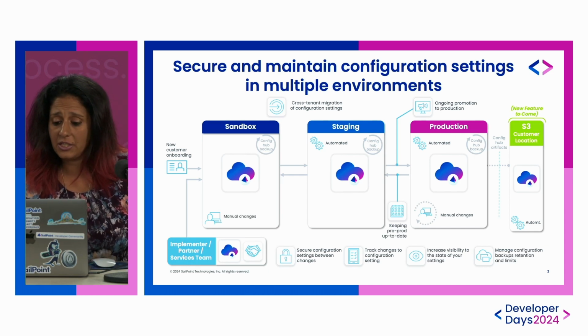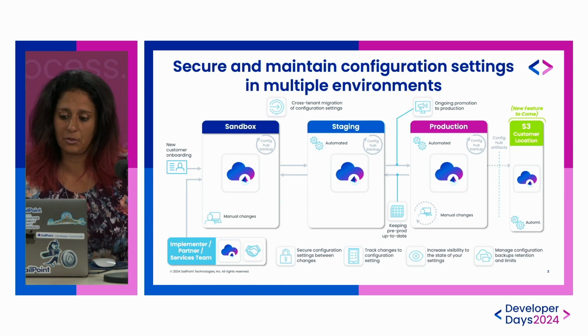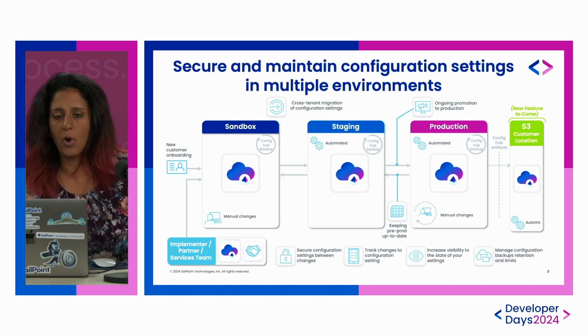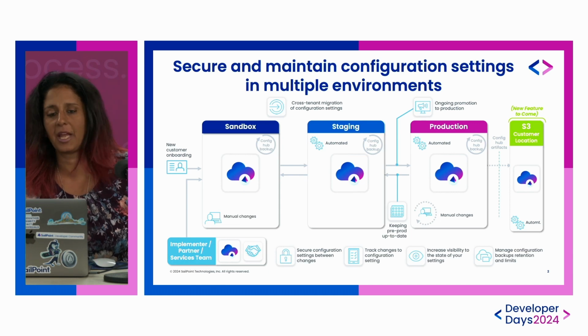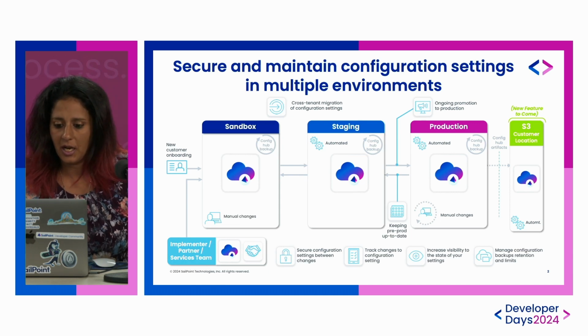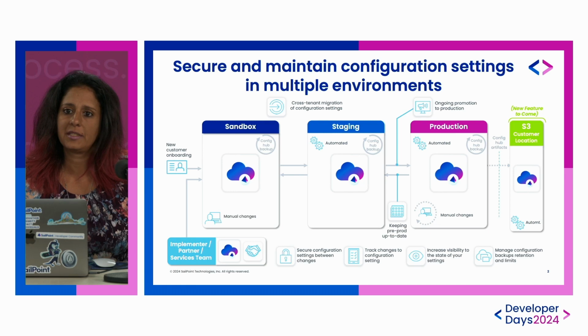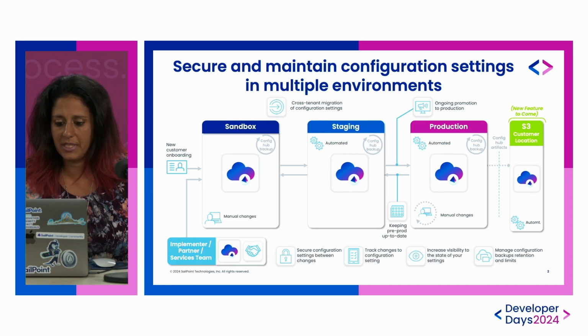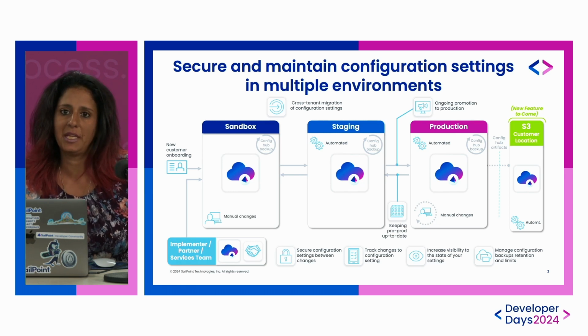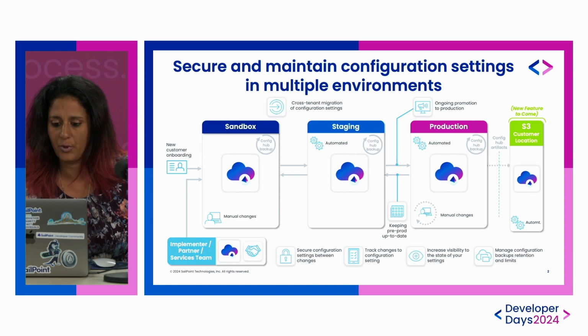And now the challenge here is how do you keep those environments, those tenants, in sync? As a best practice, you want to test changes before you apply them to production. And the way to do it with Configuration Hub is, the core action is creating a backup.